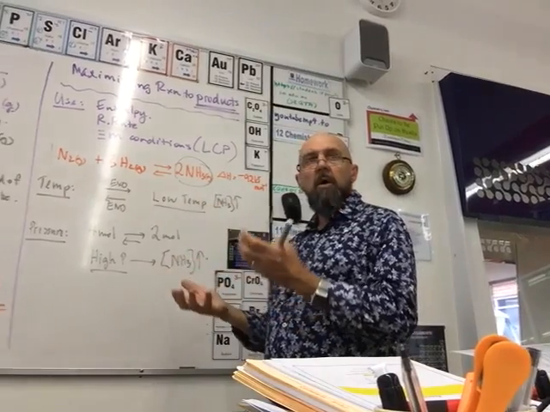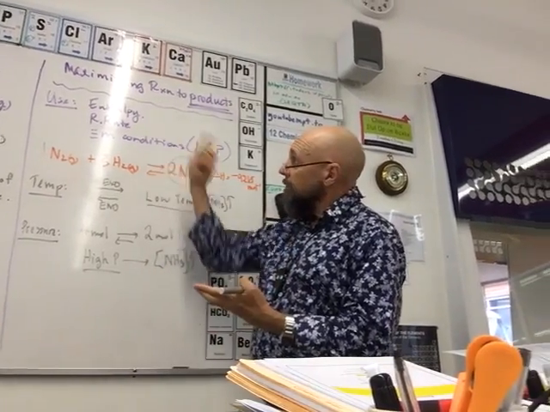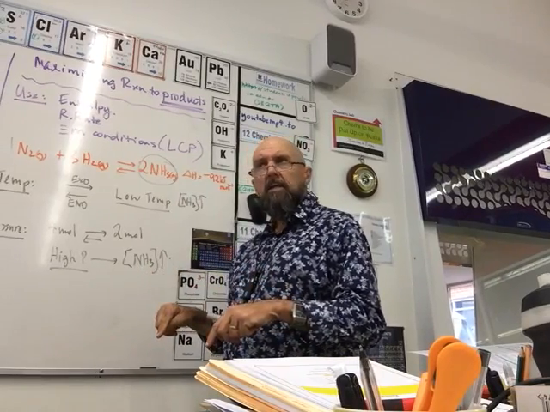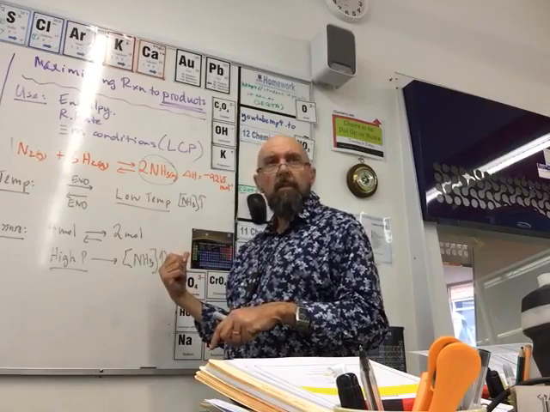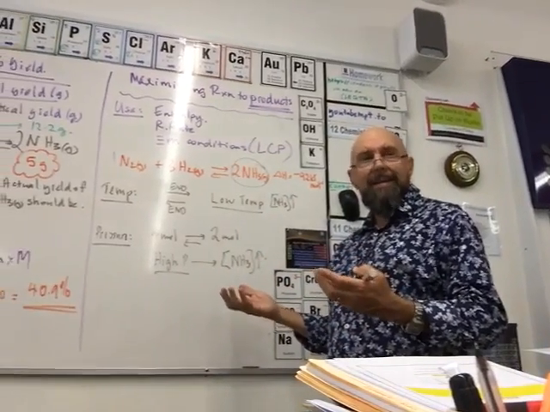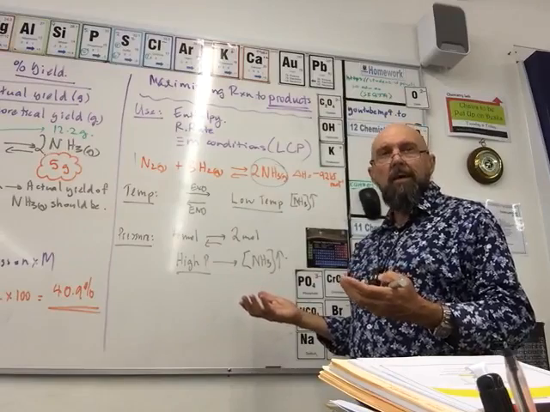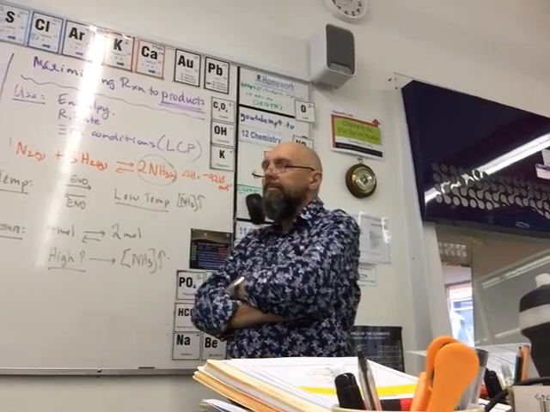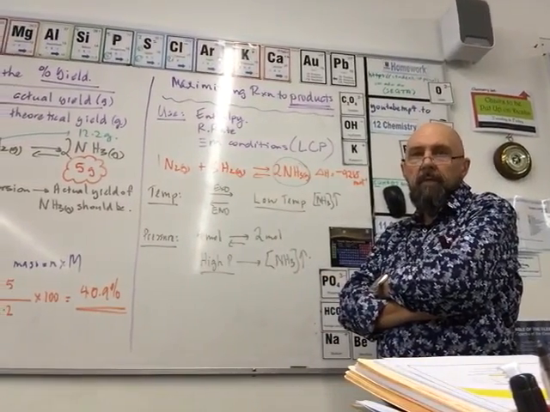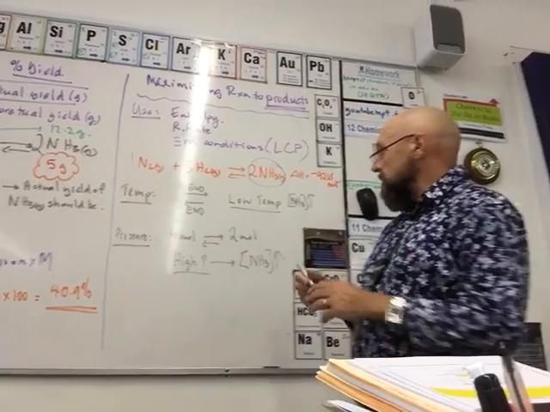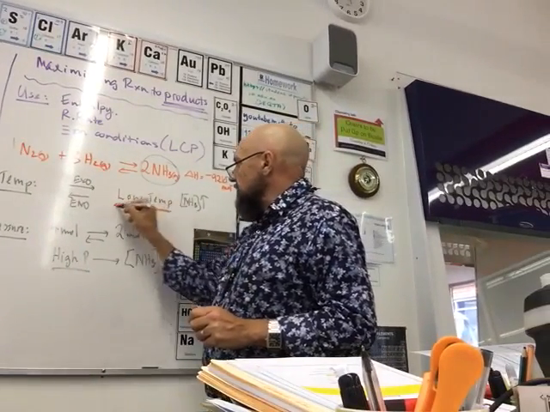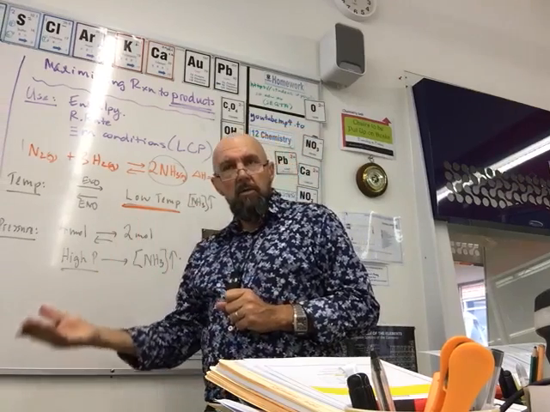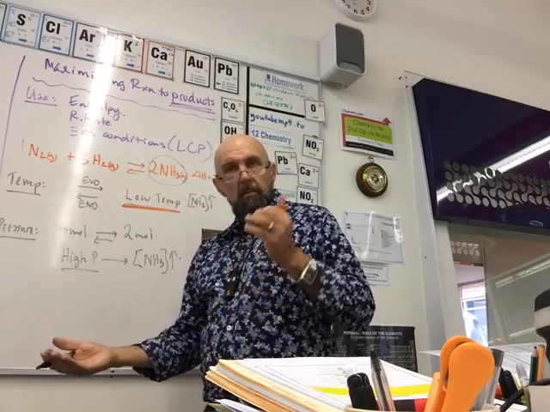The problem is that we know about reaction rate and collision theory, so a low temperature means I'll get a really good yield, but have I got a year to wait to get that yield? Can I make ammonia and get a fantastic yield, but sit back for 12 months and let the reaction take its time? No. So temperature is one of those things where I now have to balance a lower yield against a faster rate.